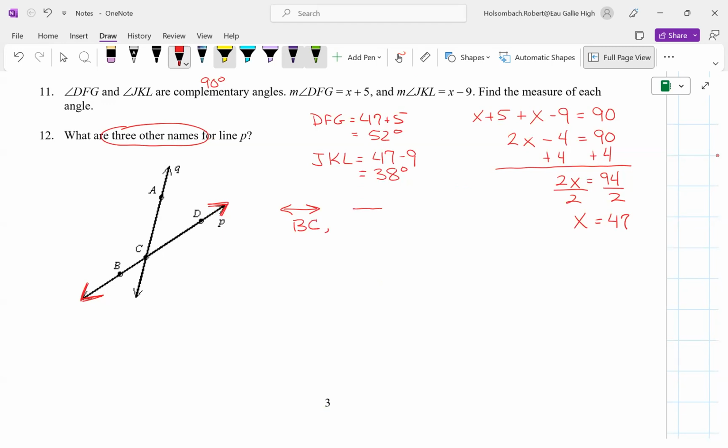We can call it line CD. And the third name we could give this line would be line BD. You can name a line with any 2 points, any 2 collinear points, 2 points on the same line.